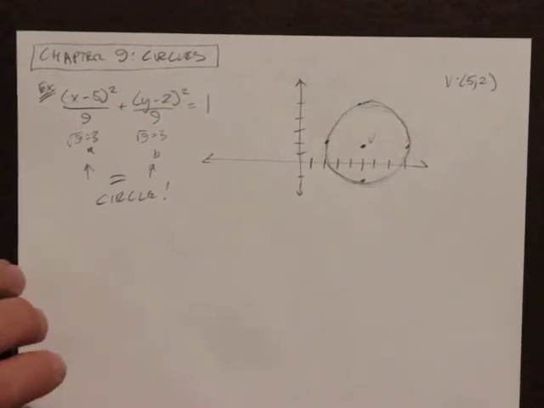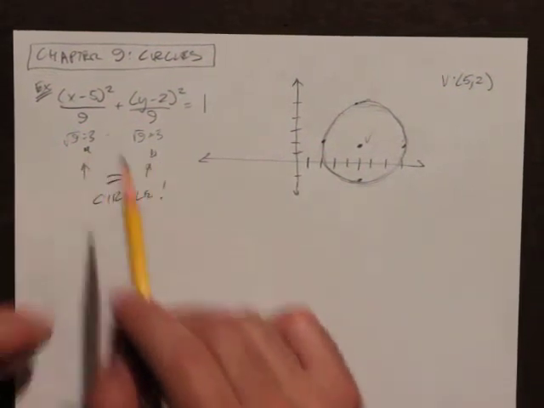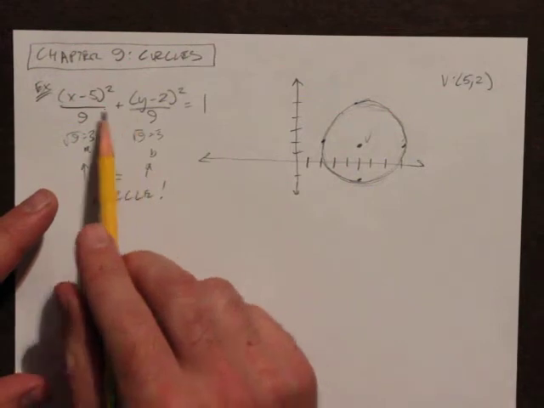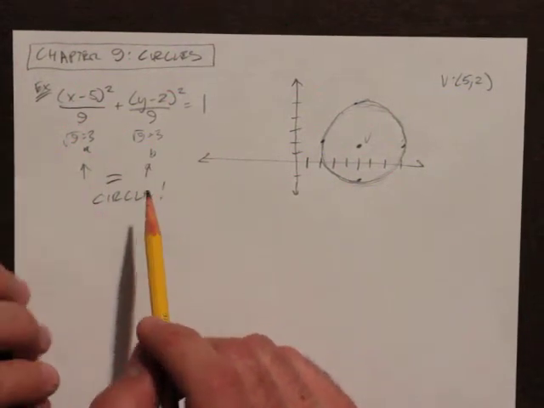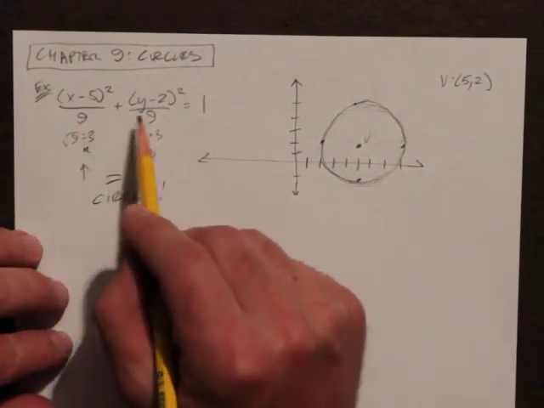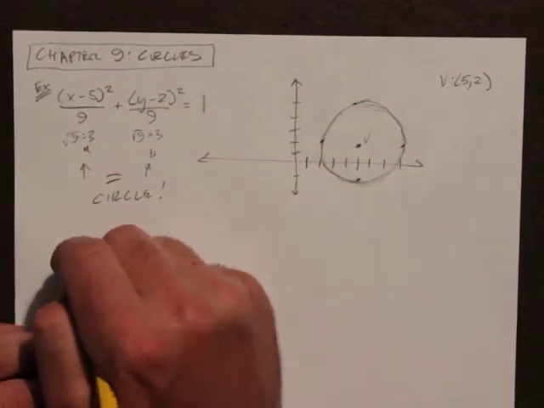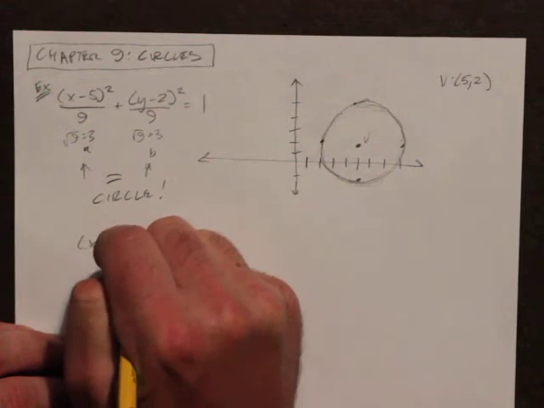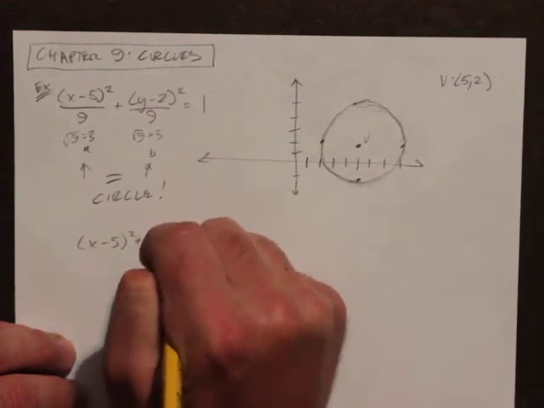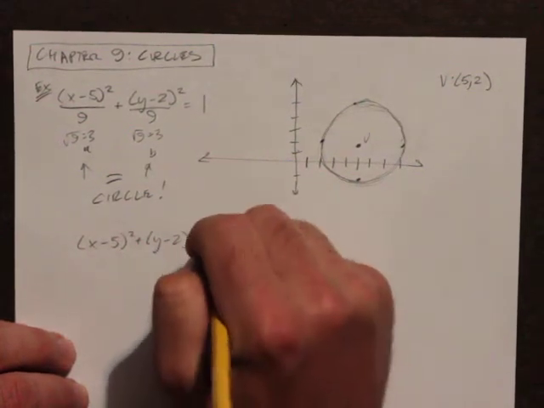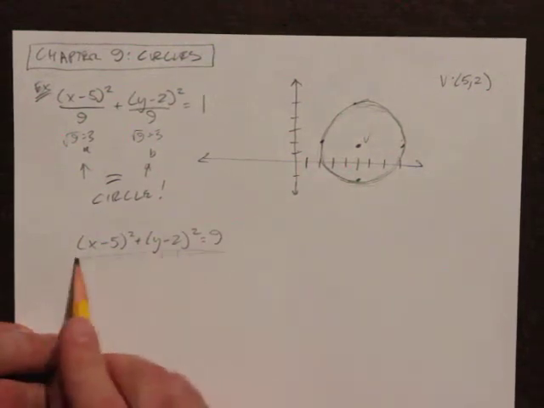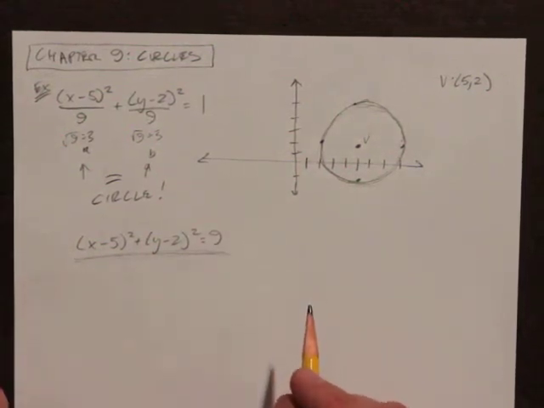And so we can find a circle using the ellipse standard form. Or if I were to get rid of this 9 down here, I'd multiply both sides by 9, and I would get x minus 5 squared plus y minus 2 squared equals 9. And so this would be the standard form of a circle.